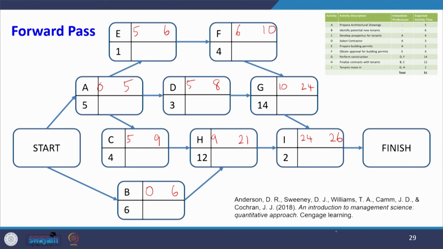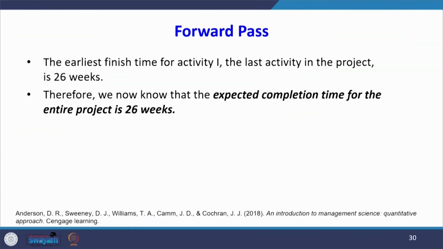So, the total project completion time is 26. The earliest finish time for activity I, the last activity in the project, is 26 weeks. Therefore, the expected completion time for the entire project is 26 weeks. We arrived at this with the help of a technique called forward pass.